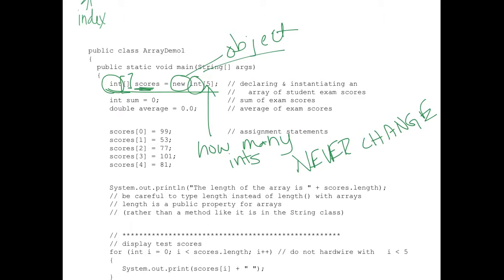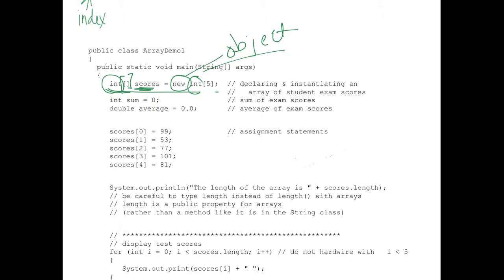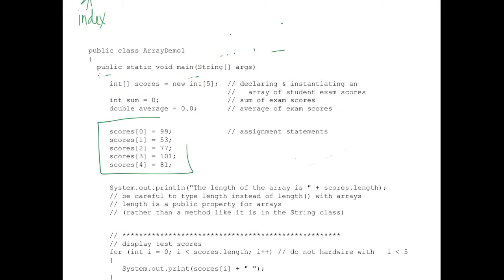We're going to be doing a few things to it, but what you have to realize is the way that you refer to each member of the array is like this. So these values right here, notice the square brackets refer to each position of the array.